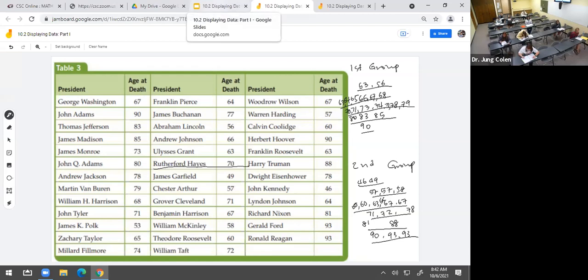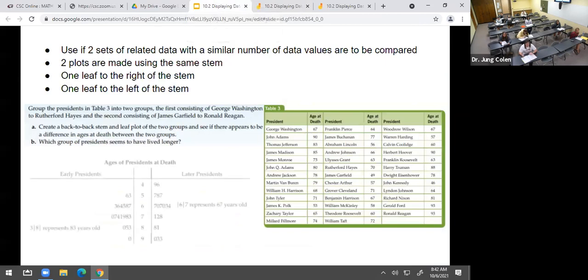So are you guys done? Does it look like this? So how can we represent this? How can we interpret this? For example, what does this 3 mean here? It means, yeah, one of the early presidents died at 73, right?